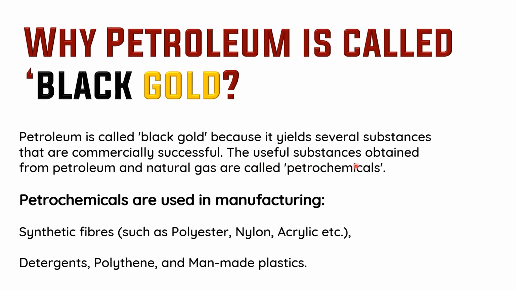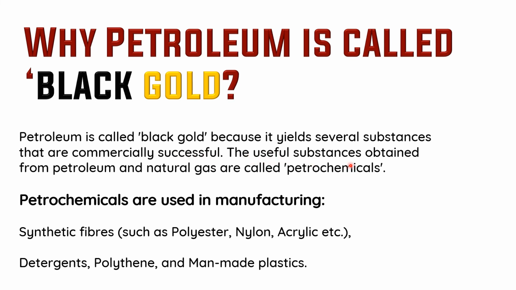So many substances like diesel, petrol, paraffin wax, bitumen, all these things are obtained from petroleum, and these products are very useful and commercially successful. That is why petroleum is called black gold.